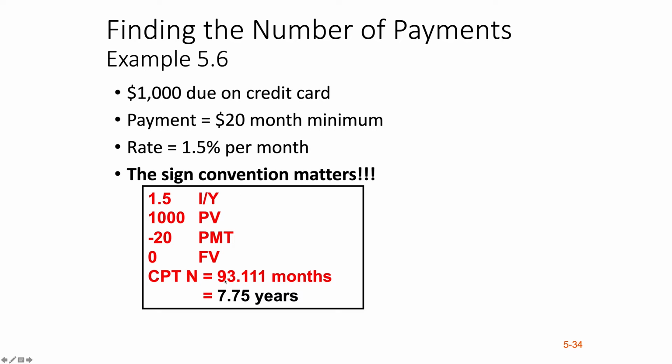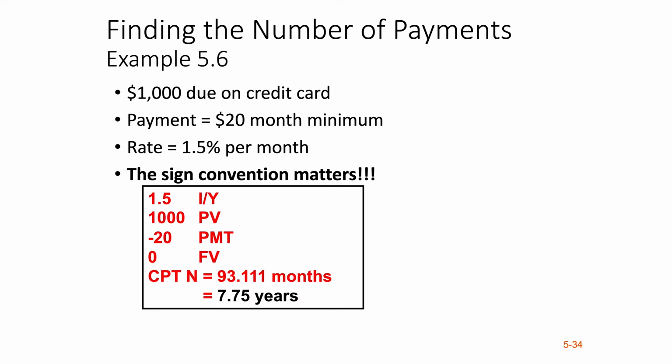But 93.11 months is approximately 7.75 years if you divide by 12. This example shows you should not only pay the minimum payment. If you can, pay off the credit card loan as soon as possible.